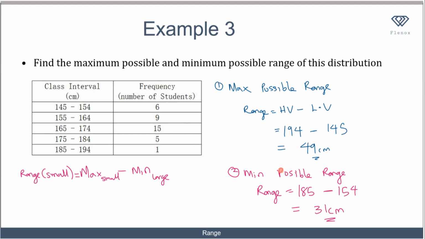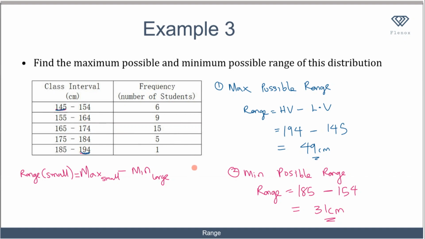One thing that you should note from this example is that when you are trying to calculate the maximum possible range in grouped data, you take the last value in the distribution and you subtract the first value from it.